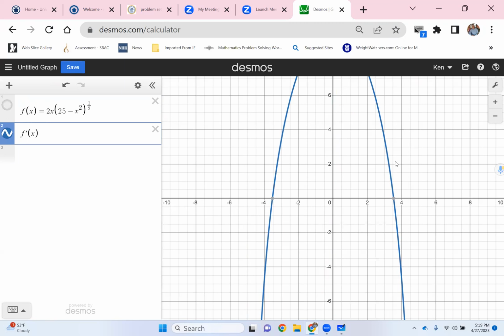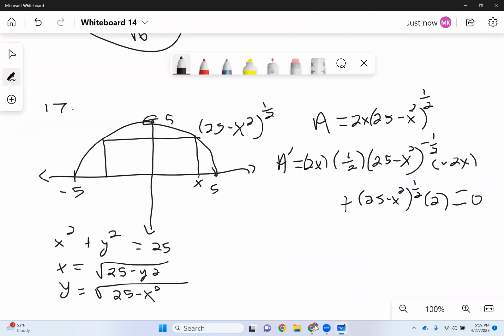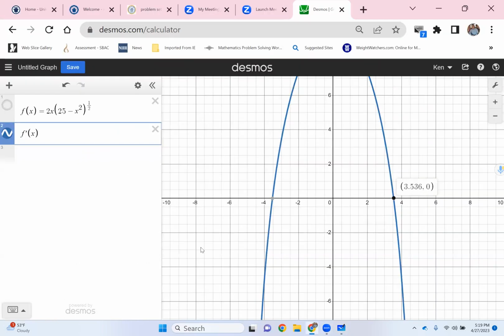Shut that off. Okay. Right here, 3.536. So x equals 3.536. And we'll plug it into this y value to find out what the y value is. So y equals the square root of 25 minus x squared.